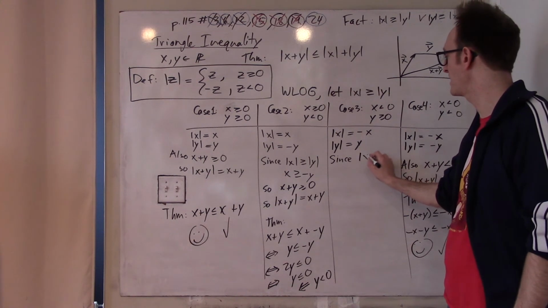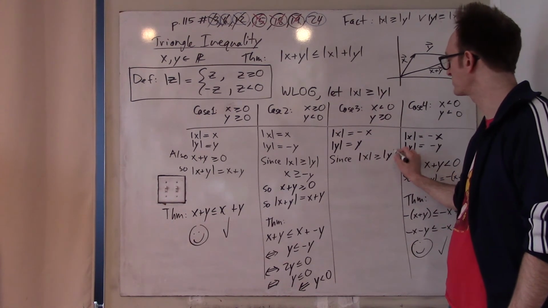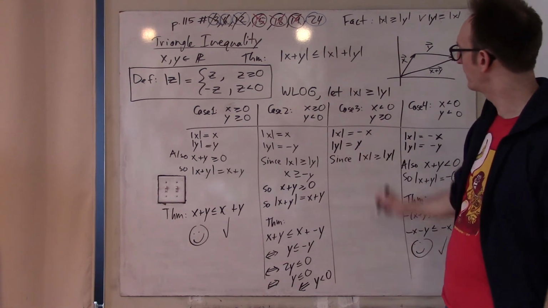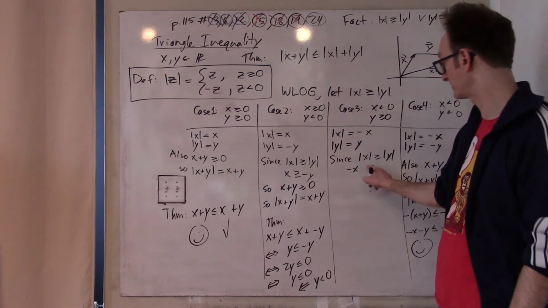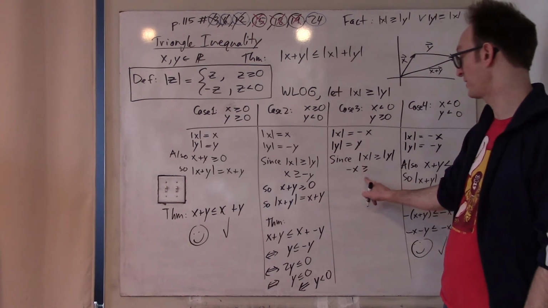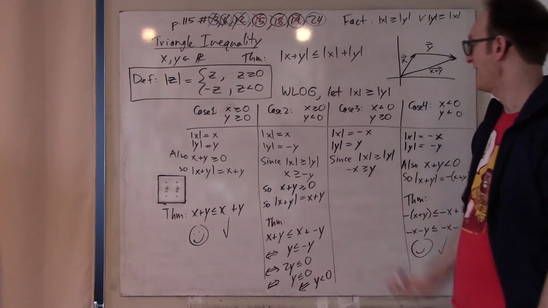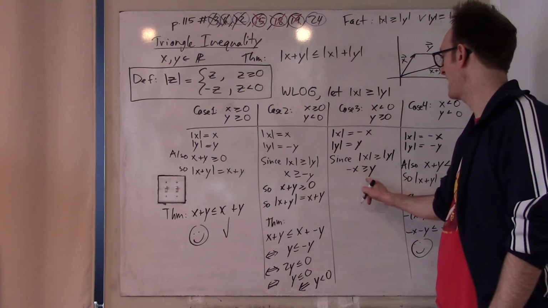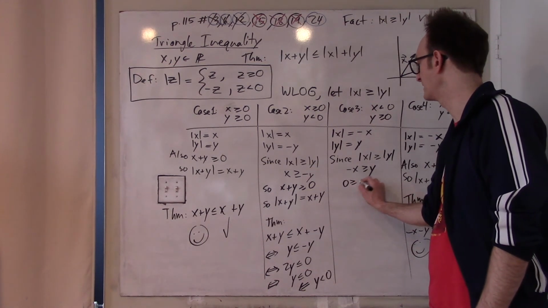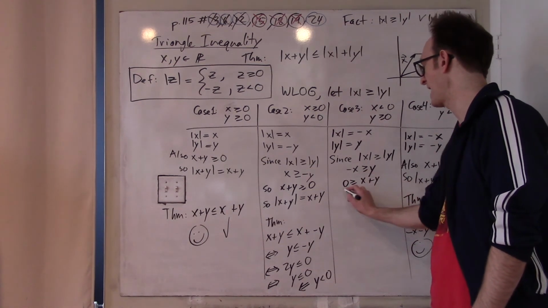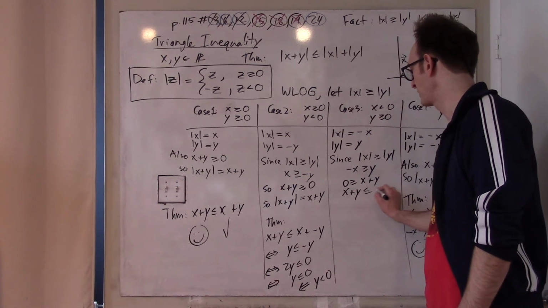Since the absolute value of x is greater than the absolute value of y, what does that tell me? Well, it tells me that negative x is greater than or equal to y. And that tells me that x plus y is in fact less than or equal to 0.